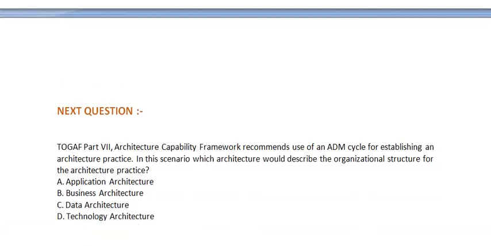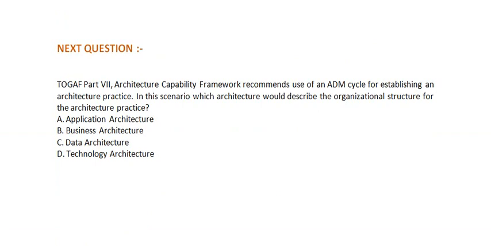Next question is: TOGAF Part 7 Architecture Capability Framework recommends use of an ADM cycle for establishing an architecture practice. In this scenario, which architecture will describe the organizational structure for the architecture practice? Option A, Application Architecture.